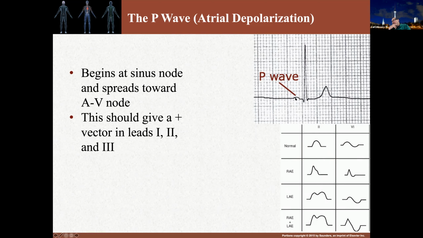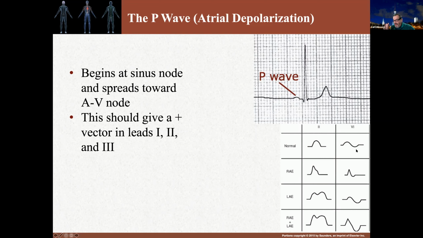Actually, most of the time when you look at it, there's a slight difference from side to side. But when you look at it in V1, what you see is that it looks biphasic, kind of like a sine wave.